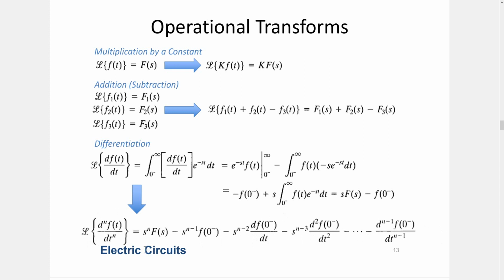For instance, for the second derivative, you are going to get s squared F(s) minus s times f(0), minus, since n is 2, df(0)/dt. So if you take a look at the second derivative, we need a function which is differentiable at the point 0.